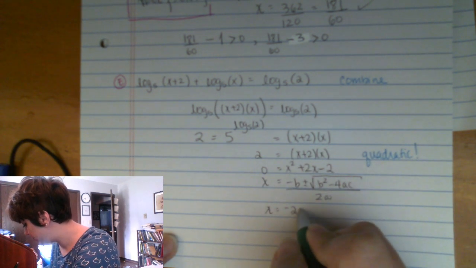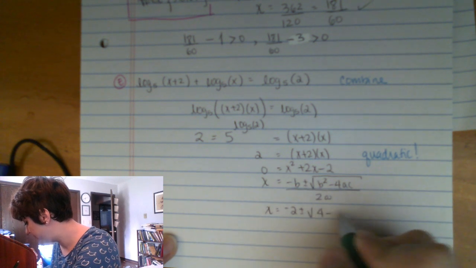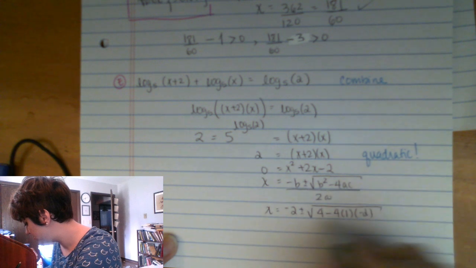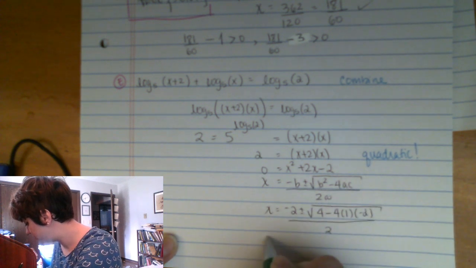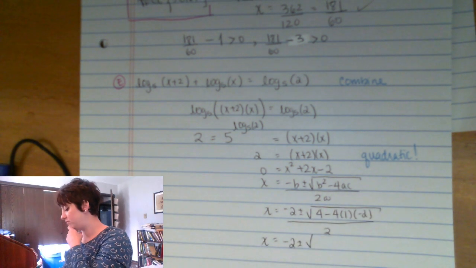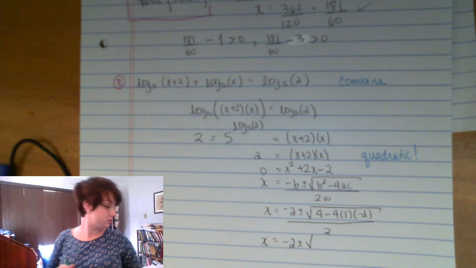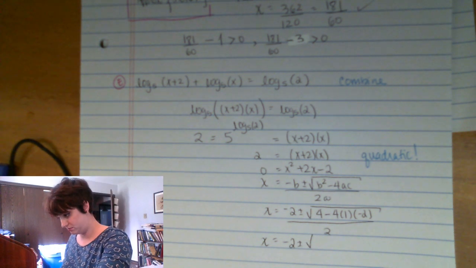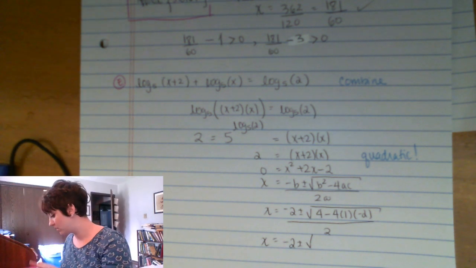So negative 2 plus or minus square root of 4 minus 4 times 1 times negative 2, all over 2. And I'm going to skip a little bit of the simplifying step just to save a little bit of time. Oh, here we go.